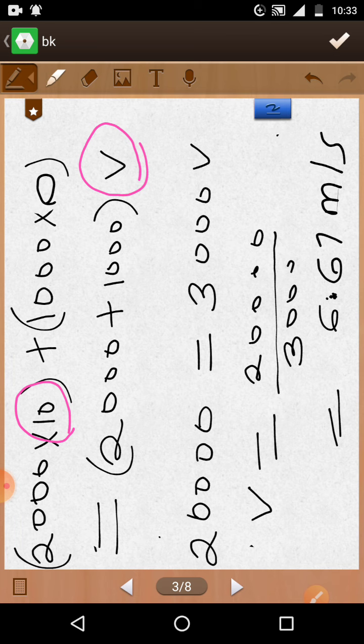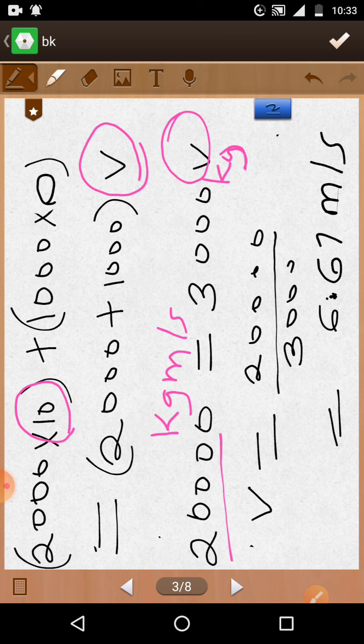Remember the units: this side is in kilogram meters per second, and this side is kilogram times v. So to get v, make v the subject of the formula.